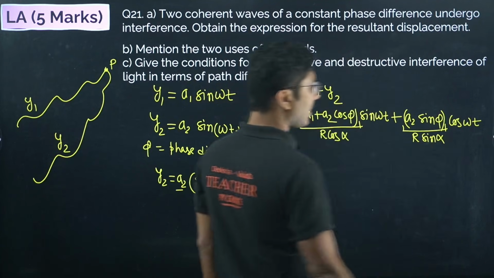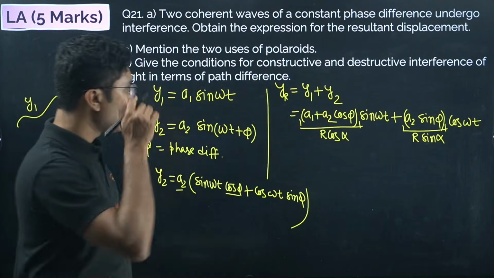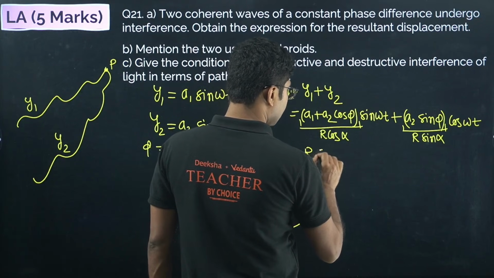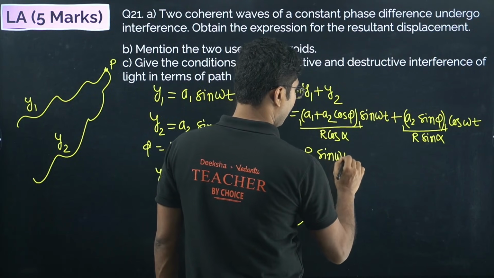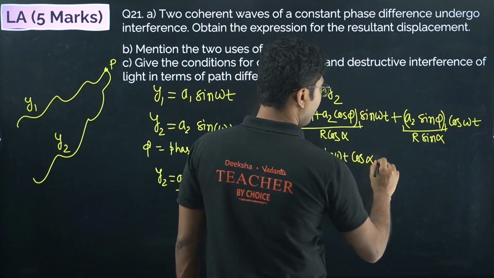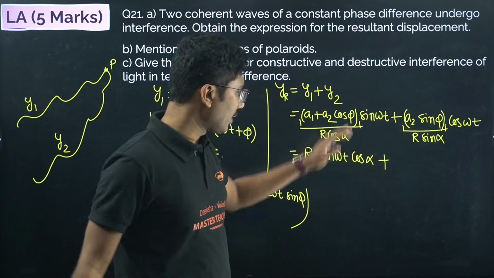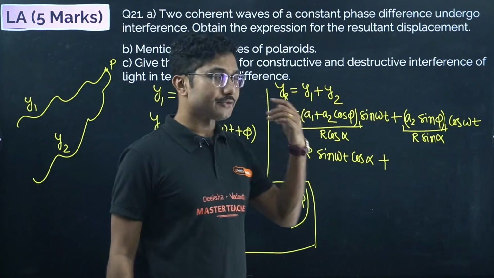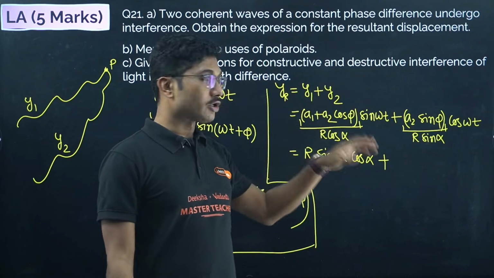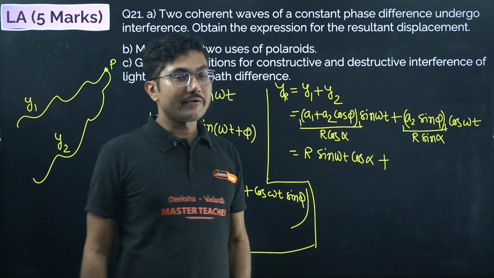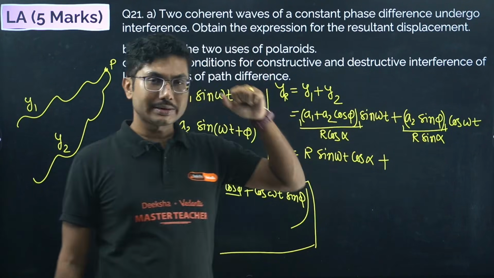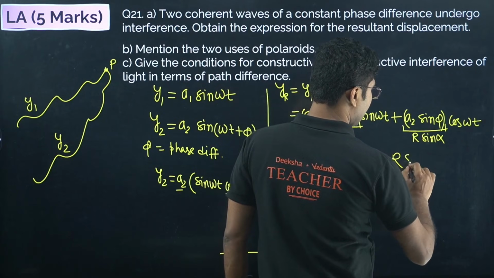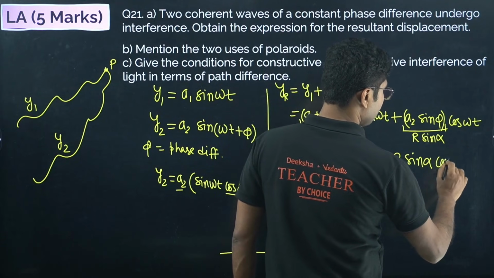Alpha is different from phi. We substitute A1 plus A2 cos phi equals r cos alpha and A2 sin phi equals r sin alpha. So we can write this as r sin omega t cos alpha plus r sin alpha cos omega t.